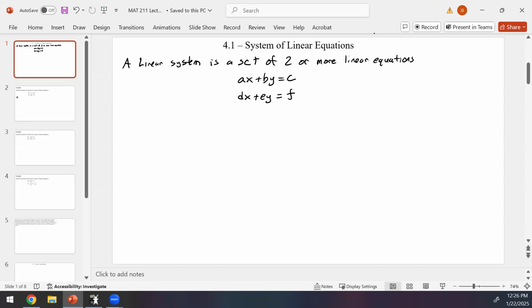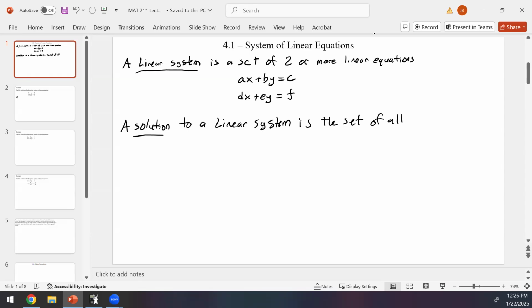Well, a solution to a linear system is the set of all values, which are going to be ordered pairs, that make all of the equations true.